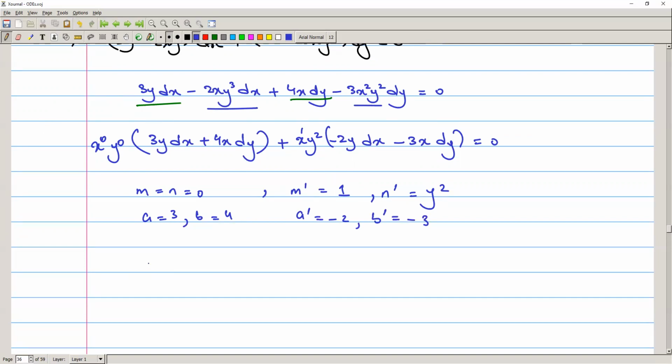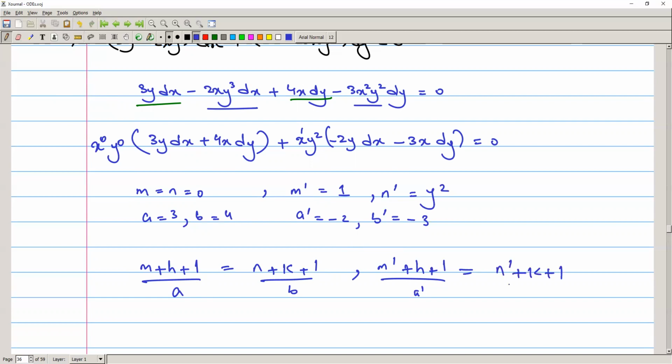And now apply the formula, that is (m plus h plus 1) over a is equal to (n plus k plus 1) over b, and (m prime plus h plus 1) over a prime is equal to (n prime plus k plus 1) over b prime.